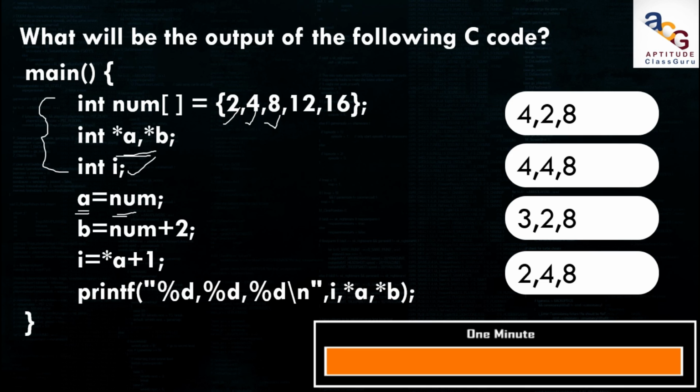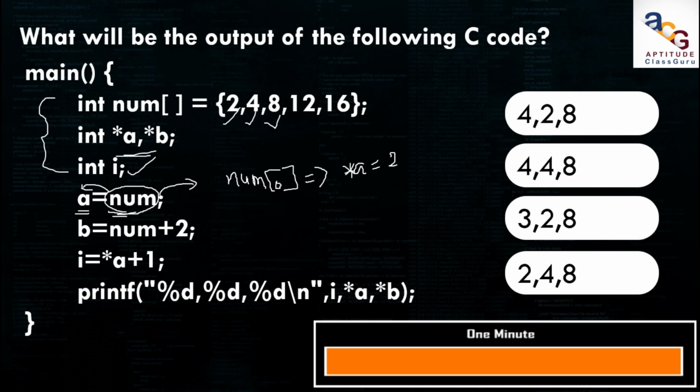Which variable's address will be stored in a? Remember that by default num always indicates the initial position of the array, which is nothing but num[0]'s address. So a stores the address of num[0]. That means the pointer value is 2.